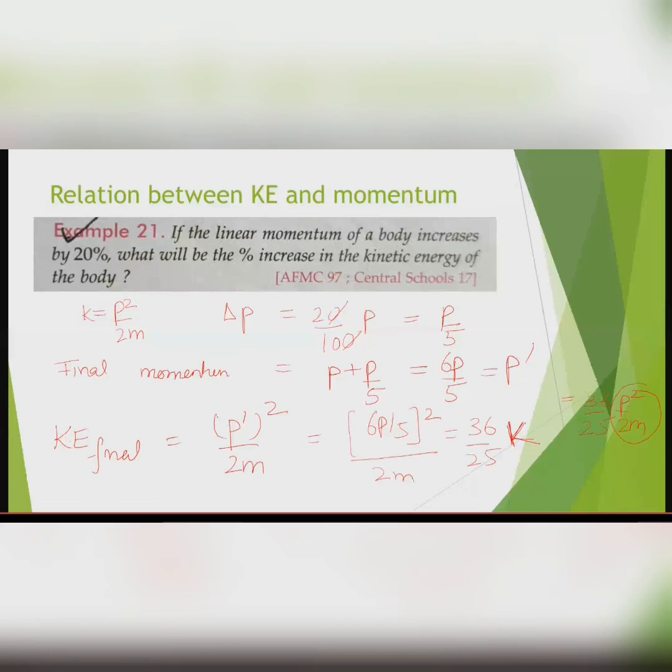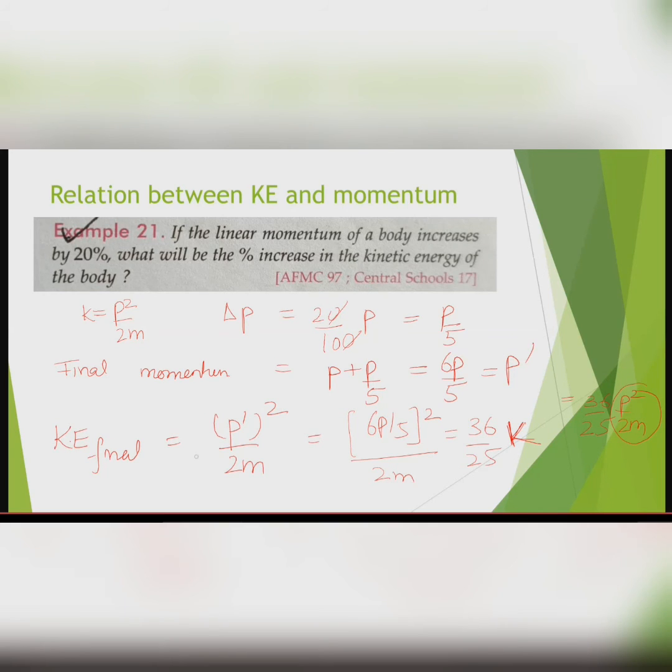That's why I'm writing the final kinetic energy in terms of initial kinetic energy. So now I get my expression for final kinetic energy as 36 by 25 times the initial kinetic energy.